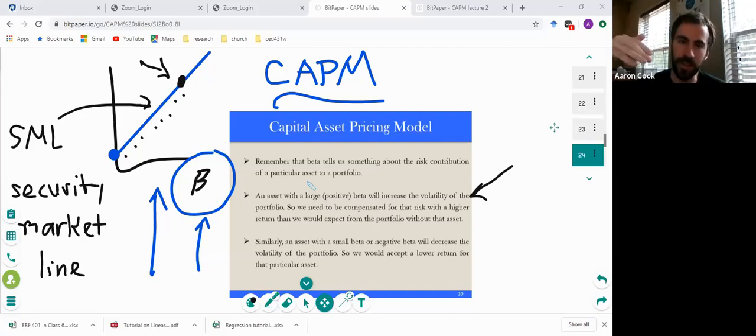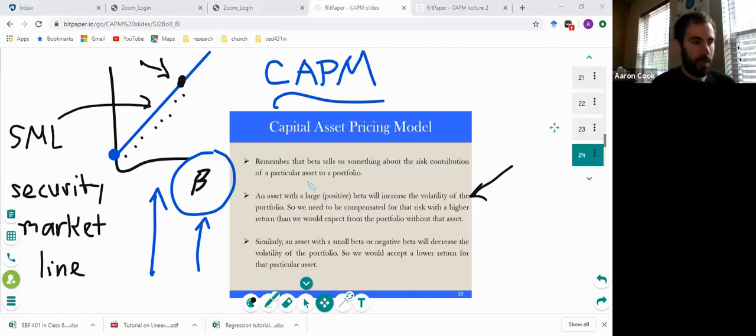If the market, however, is down, an asset with a large beta is going to decrease in returns more than the market. So you're going to lose a lot more when the market's down, but you're going to gain a lot more when the market's up. And so an asset with a high beta is going to increase the overall risk of a portfolio.